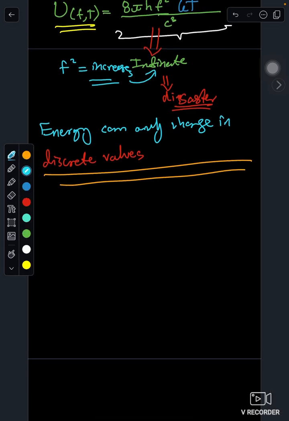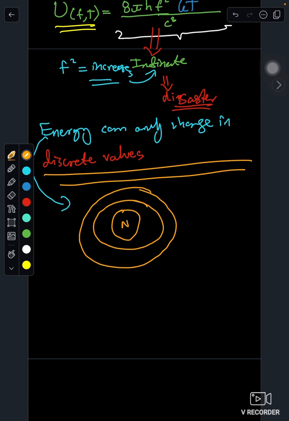To give an example of change in energy, let's suppose we have an element, why not hydrogen, or any other element, and it has 3 electrons in its shells.